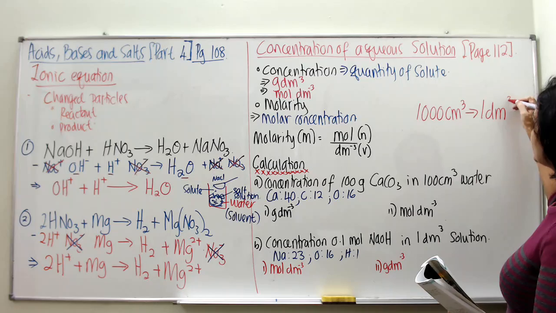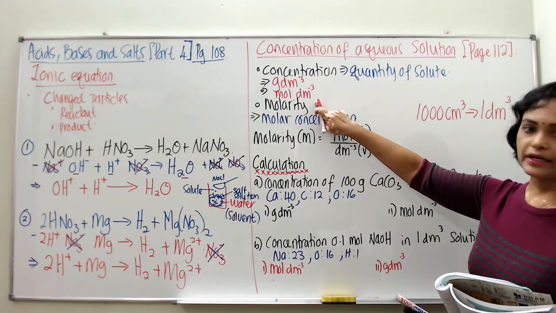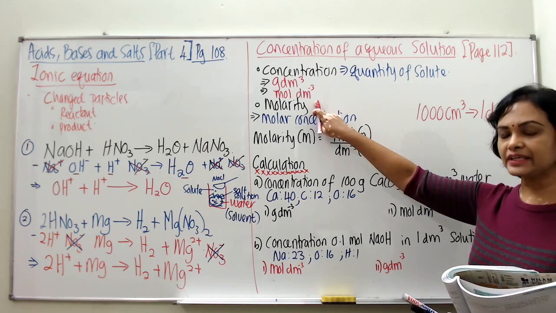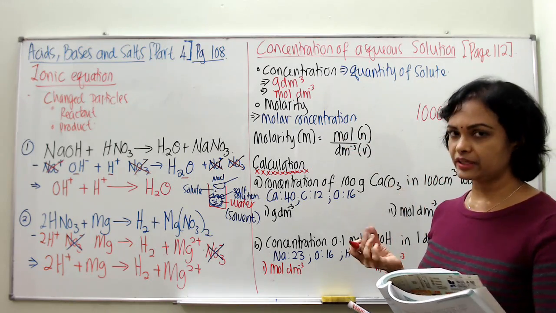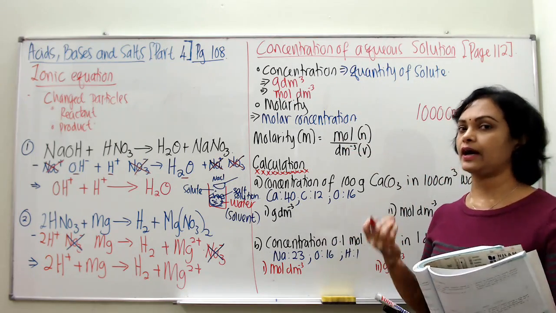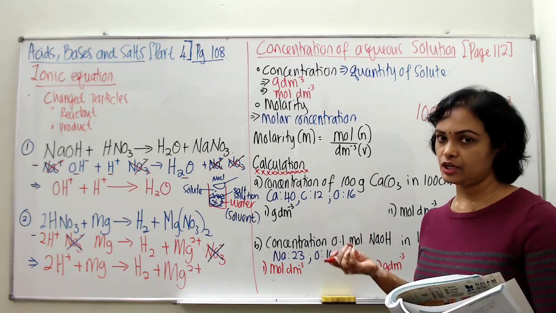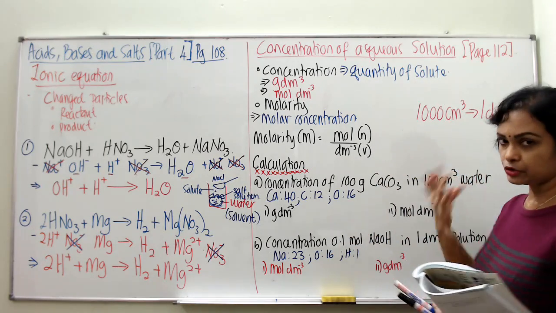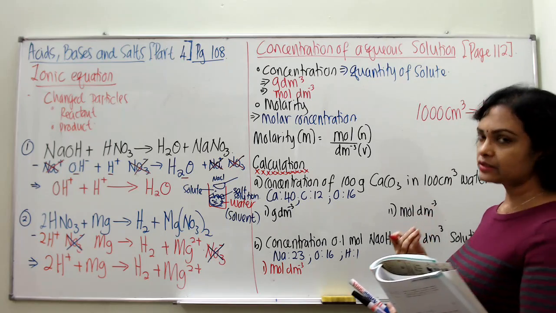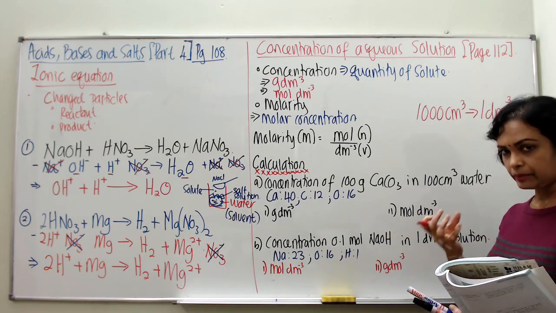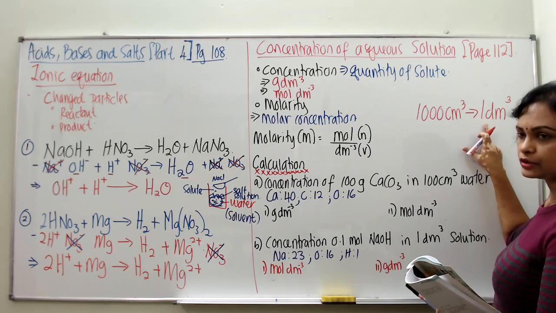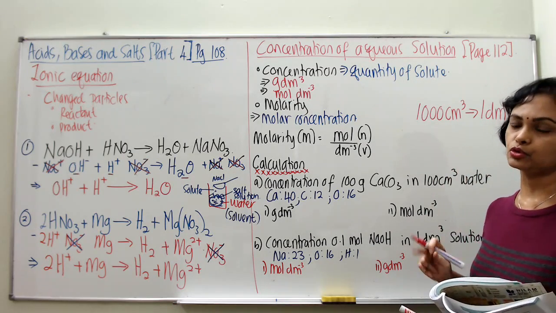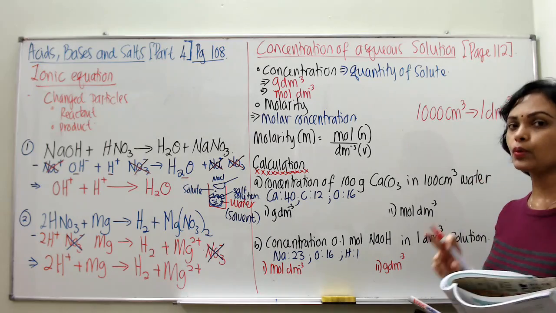Usually our liquids are measured in cm cube, 50 cm cube of water, 100 cm cube of water. Okay, so that's how we are used to it. But now, as a standard solution in chemistry, for calculation we use the standard unit, which is dm cube. So 1000 cm cube is equivalent to 1 dm cube.